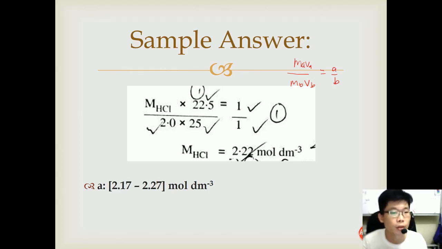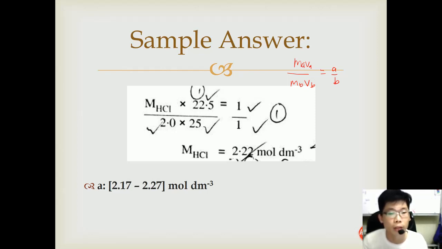So the student needs to find the concentration or molarity of the acid. The volume of the acid we get from the graph just now is 22.5. The volume for alkali will be 25, concentration will be 2.